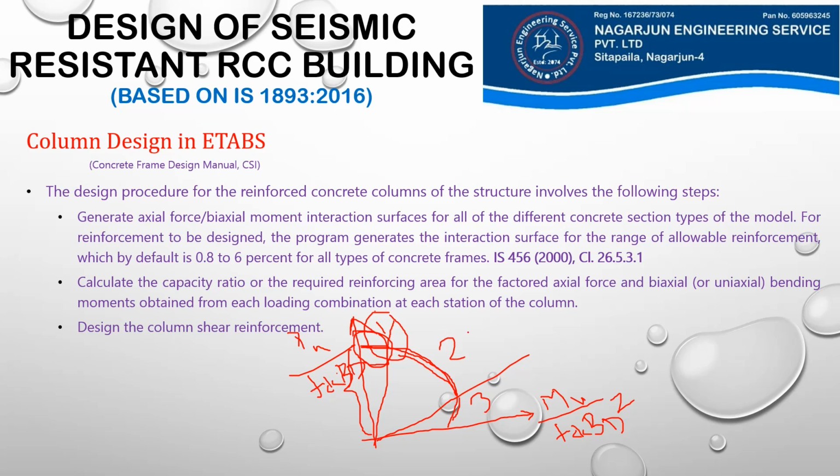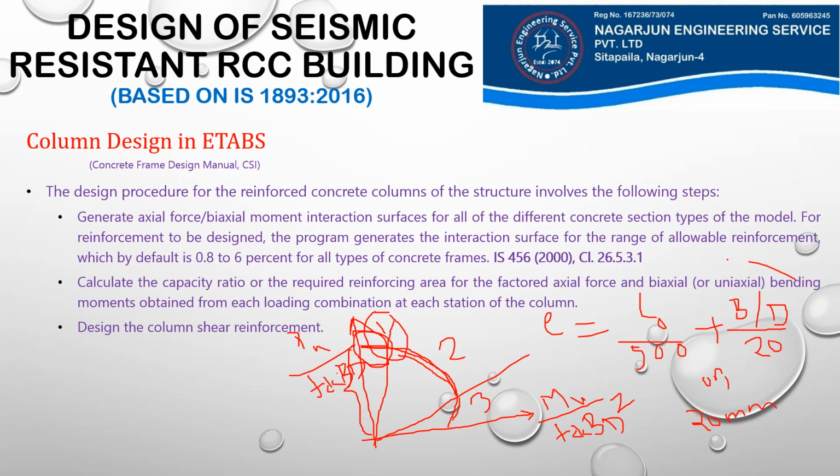We saw in the previous lecture that we had to consider the minimum eccentricity for the design of columns, which was given by the minimum value of e: unsupported length of the column divided by 500, plus either B or D divided by 20, or 20 mm.